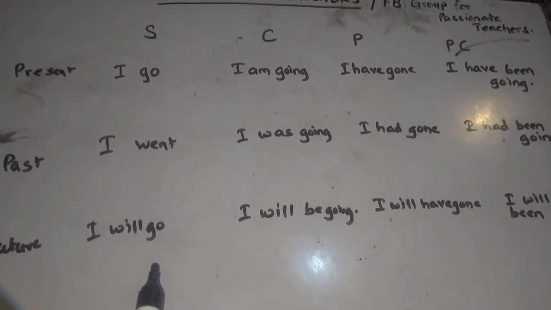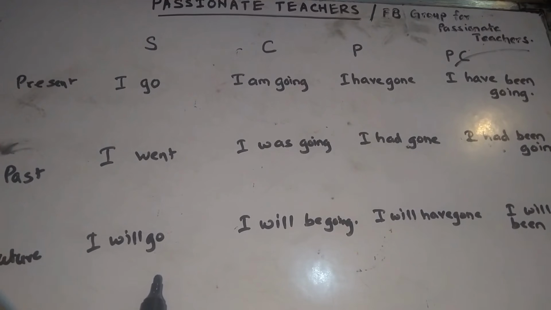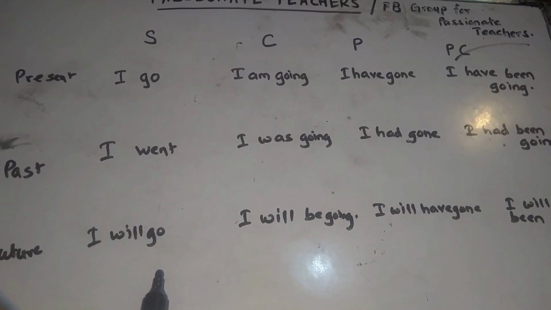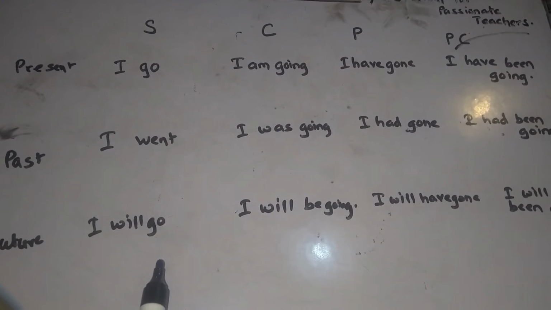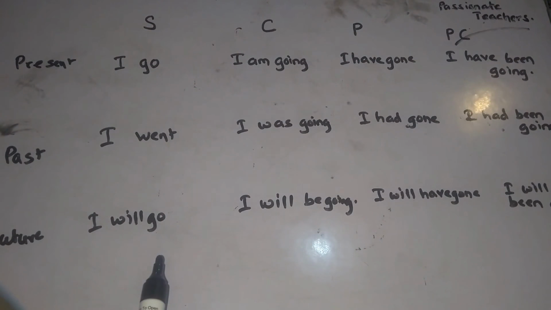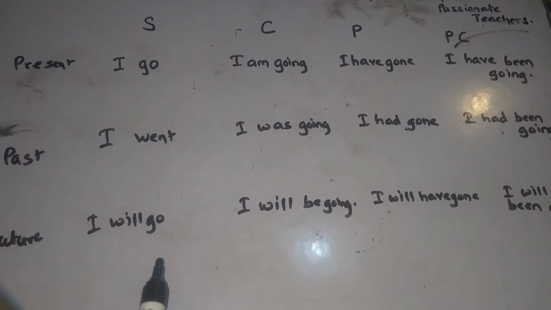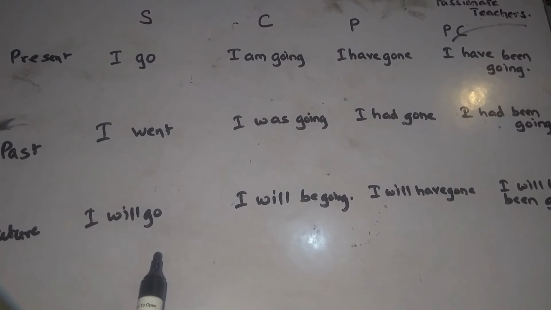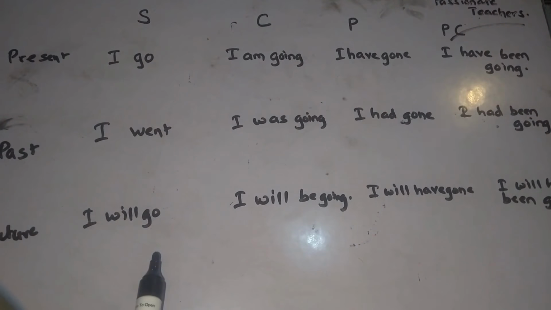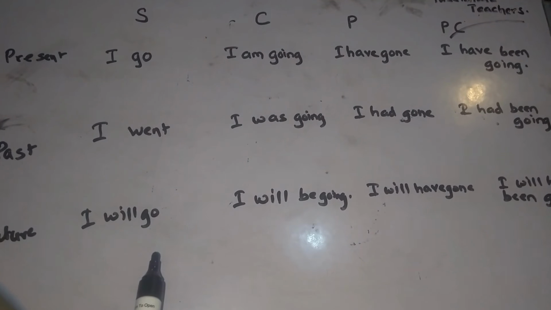Now, these are the types of sentences we see in English in the active form. There are a couple more in the passive form, but as of now we see this chart of active tense.